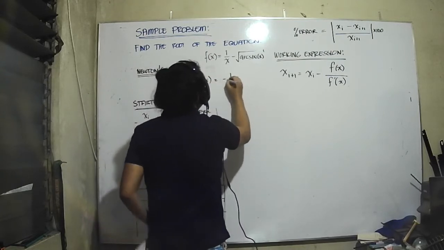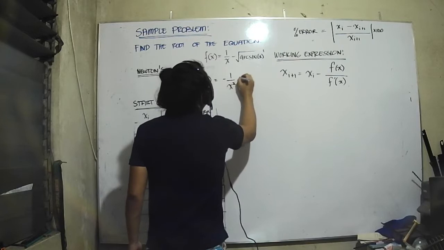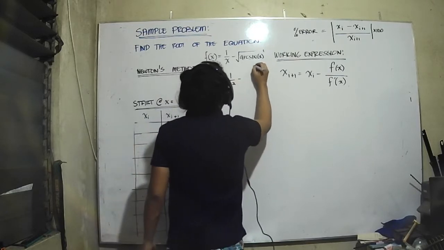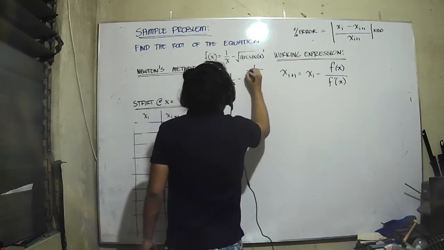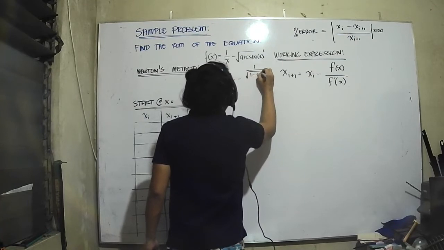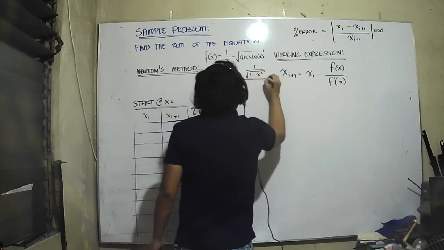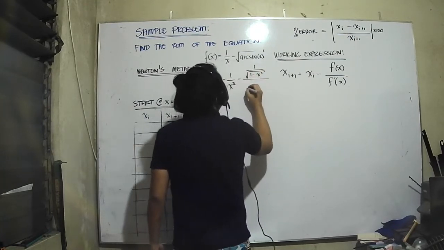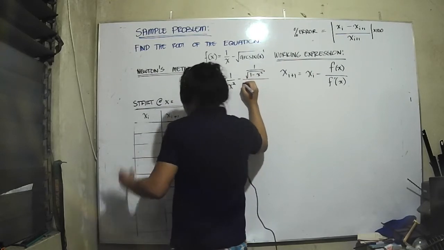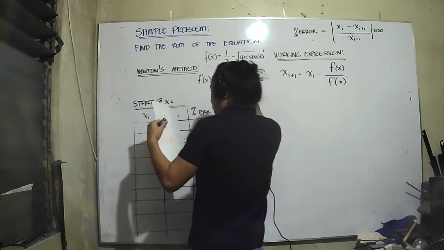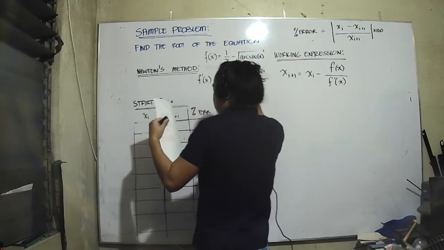That becomes x squared minus 1 over 1 minus x squared divided by 2. Okay.